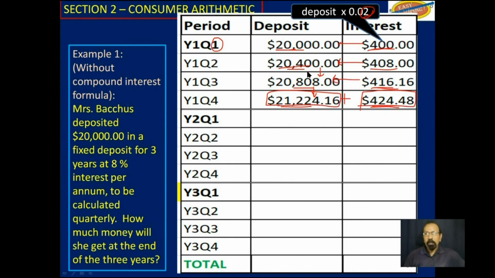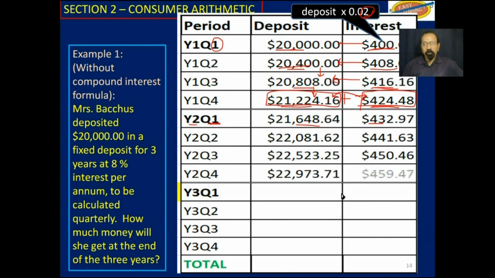So beginning year two, quarter one, you know how this works now. This interest on the right here is added to that principal. You get a new principal beginning year two, quarter one, and the interest, and so on. Without the formula, this is what you would have to do.